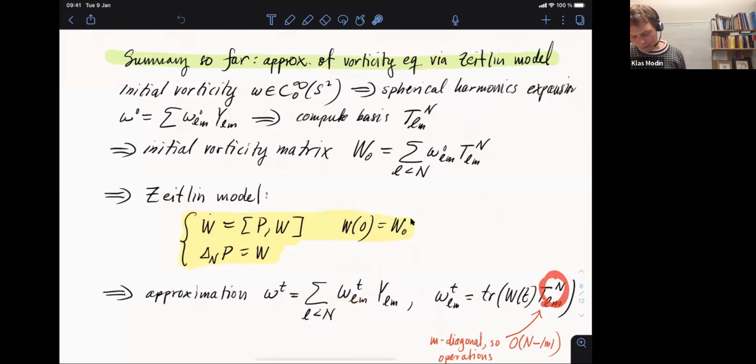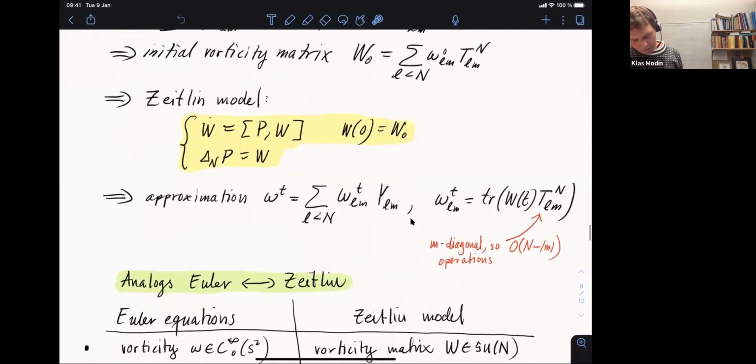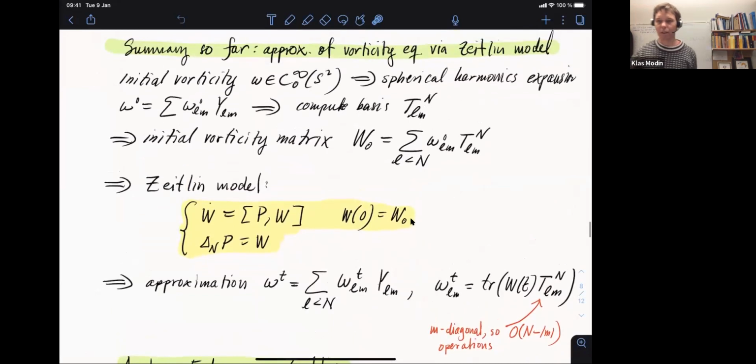And by the way, because this is a skew-Hermitian matrix, the eigenvectors are going to be orthogonal. So to get this back, we just take the trace with the basis. We just project onto the basis to get the components. So this is the numerics. This is how you do the entire thing.